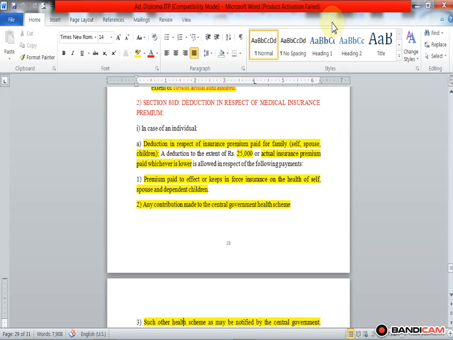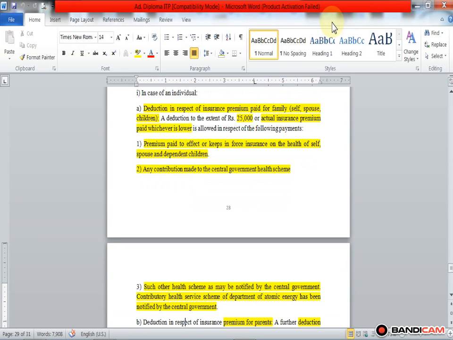In this section, for a normal person, if the assessee pays a premium for self, spouse or children and the assessee is below the age of 60 years, then the allowable deduction is rupees 25,000 or the actual insurance premium paid, whichever is lower, under section 80D.